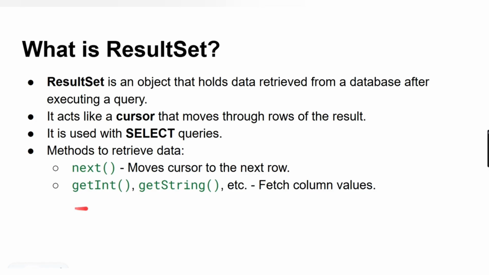Let's say the first row that we have has the ID, name, salary and department. So for ID we will make use of get int, for salary we will make use of get double, and for department we will make use of get string, and to loop over each row entry we will make use of next.